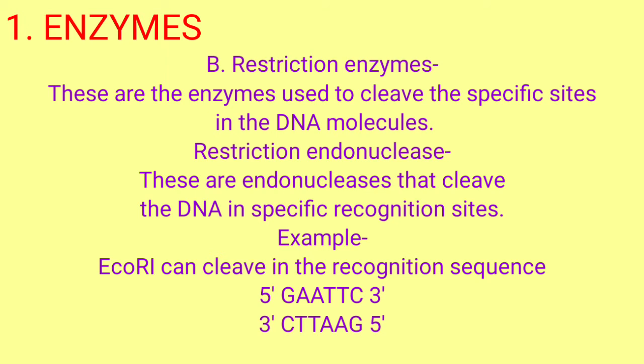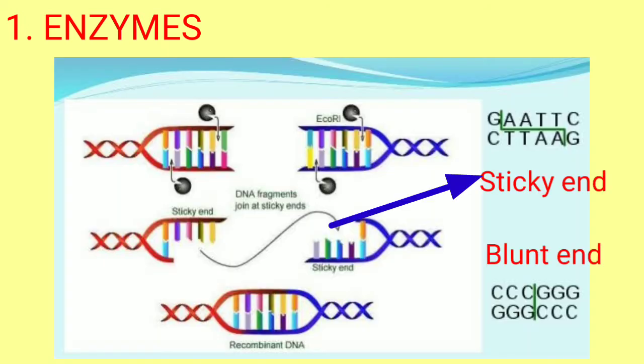So from one side to the other, from 5 prime to 3 prime, that also comes as GAATTC. Again from the other, complementary strand, you will read from 5 prime to 3 prime, that is GAATTC.